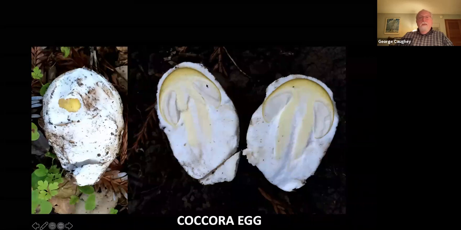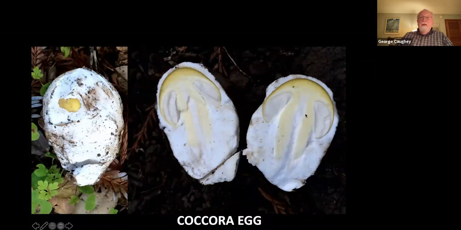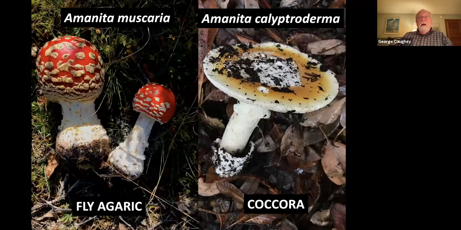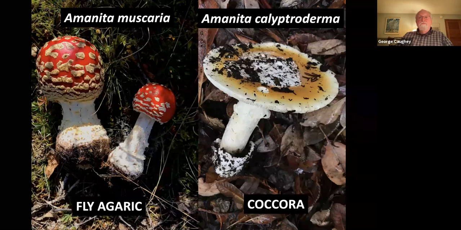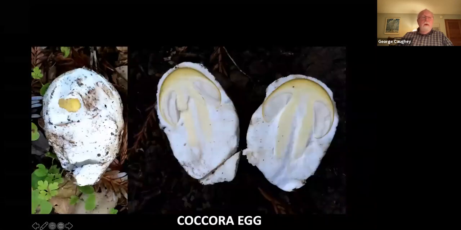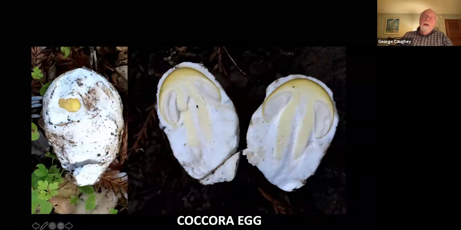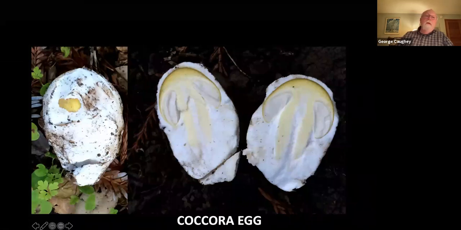But the little young mushroom is inside of it. Even the hollow stem, because these mushrooms actually have hollow stems, is visible in here. People like to eat this stage, but that's the stage that's hardest to tell apart from the similar eggs of the death cap.